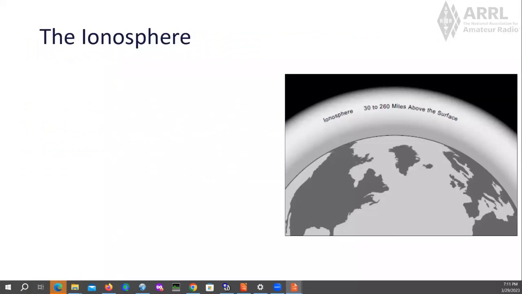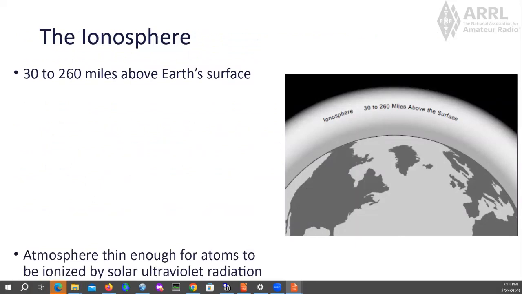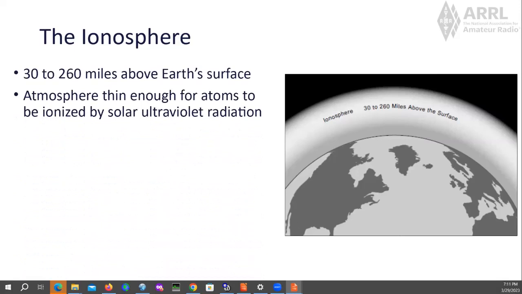The ionosphere. 30 to 260 miles above the Earth's surface is the ionosphere. Atmosphere thin enough for atoms to be ionized by solar ultraviolet radiation. Ions are electrically conductive.